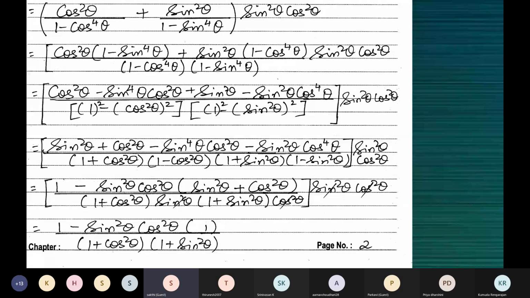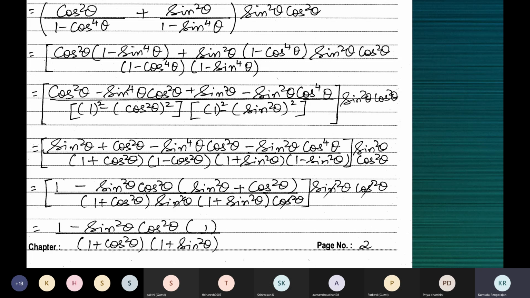Shakti, ma'am. Yes. In the first step itself, I took the cos square theta by sine power 4 theta, ma'am. No. 1 minute. So 1 minus cos square theta is sine square theta. 1 minus cos square theta is sine square theta. You square that on both the sides.